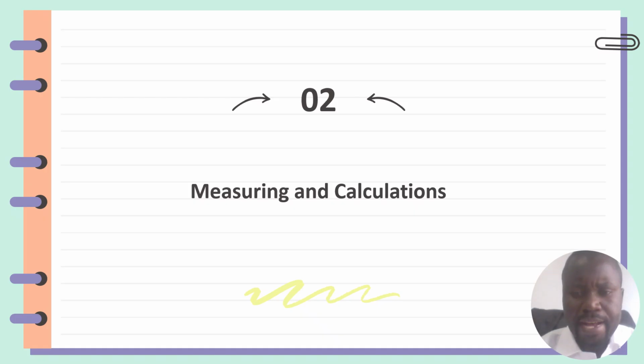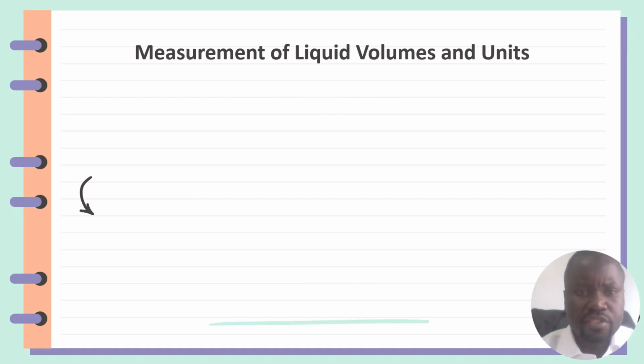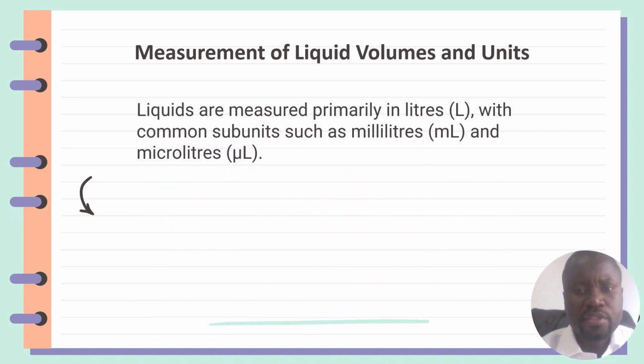These measuring and weighing activities come with calculations. In terms of liquid volumes and units, although the liter is really outside the SI system, it is one of the most important units that we use in pharmacy, with its subunits, milliliters, deciliters, and microliters.